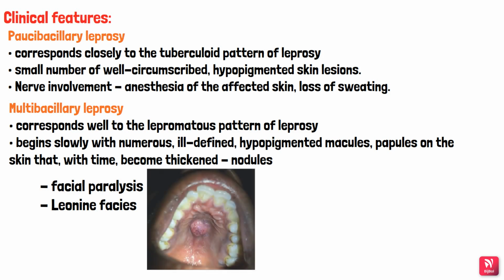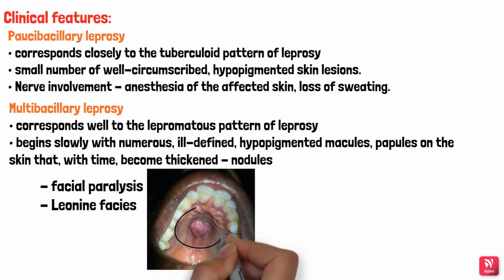Okay. And if you see oral manifestations, there will be small tumor-like masses, as you can see in this picture. These are called lepromas, that can develop on the tongue, lips or hard palate. As you can see here, a leproma has developed on the hard palate of a leprosy patient.